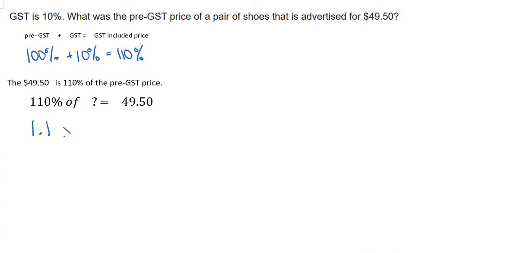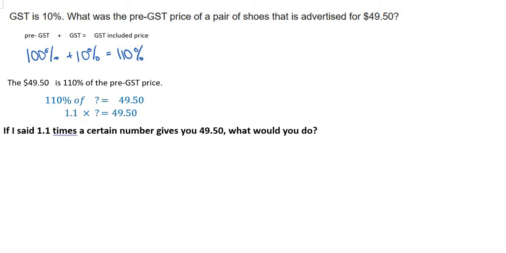So 1.1 times our unknown number is going to give us $49.50. So if I said 1.1 times a certain number gives you $49.50, what would you do?